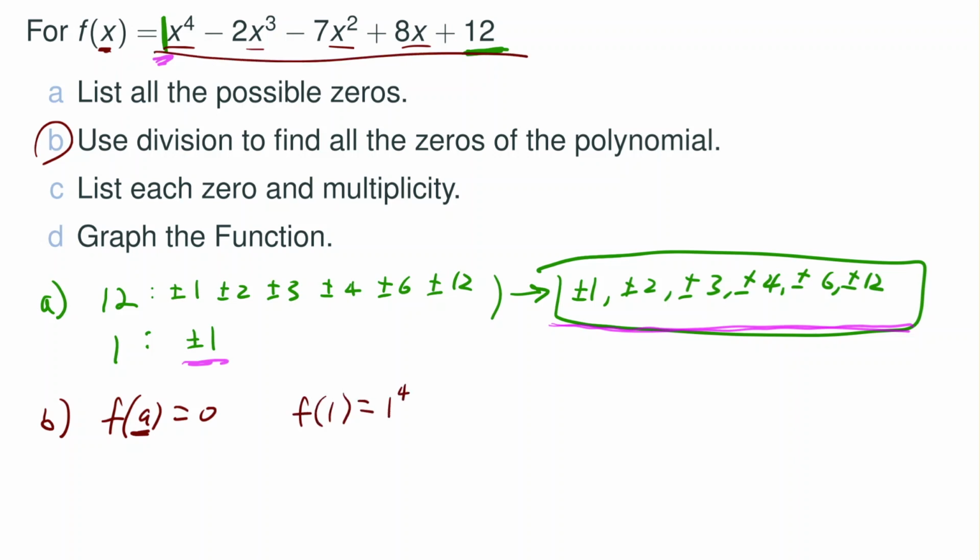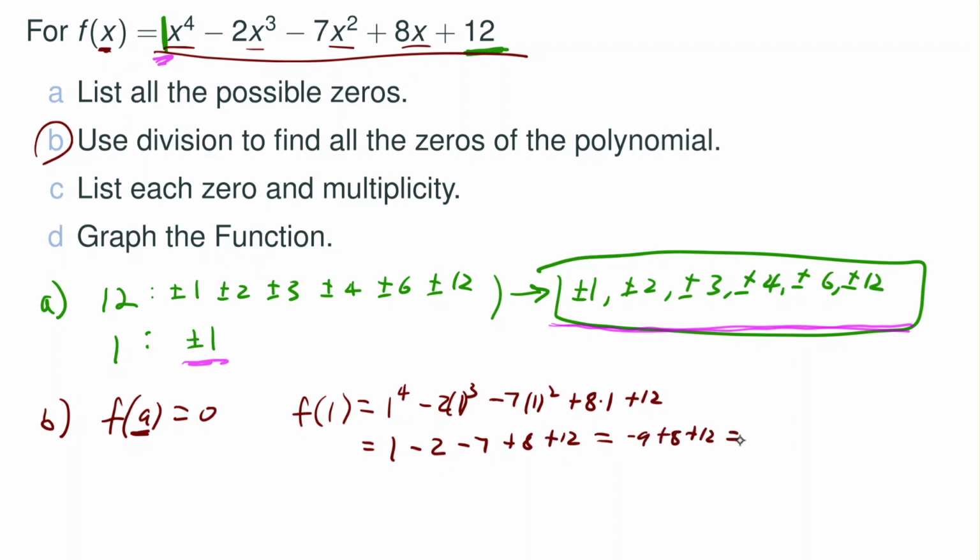So I have 1 to the 4th, minus 2 times 1 to the 3rd, minus 7 times 1 squared, plus 8 times 1, plus 12. Let's simplify this. I get 1 minus 2 minus 7 plus 8 plus 12. So this gives me negative 9 plus 8 plus 12, which gives me 11. So I did not get 0. That means I should not synthetic divide by 1. It will give me a remainder.